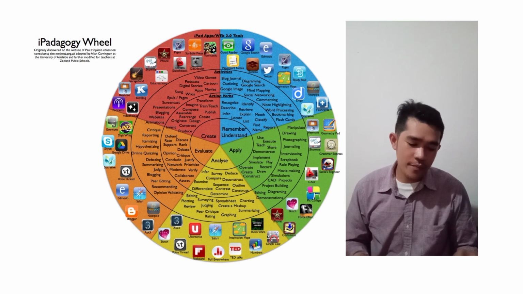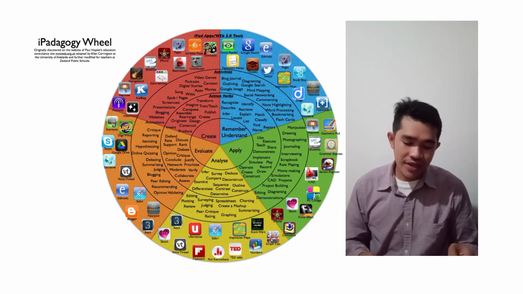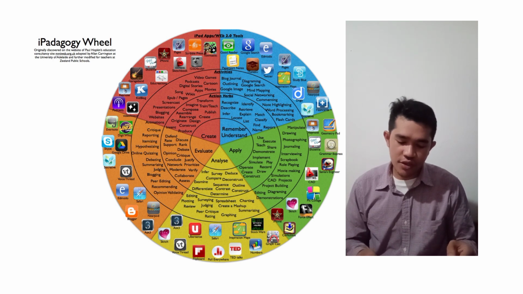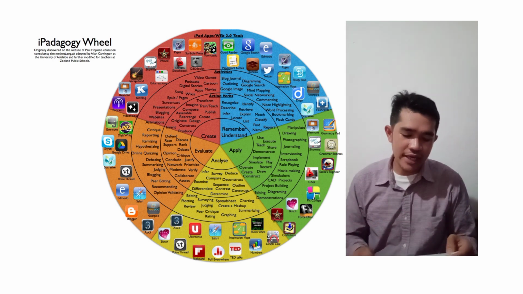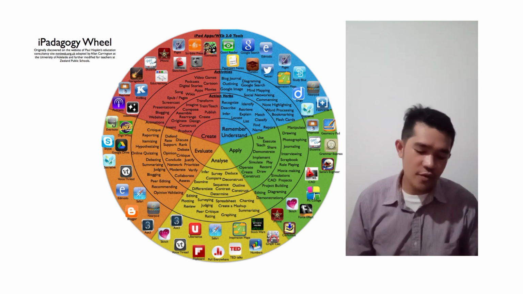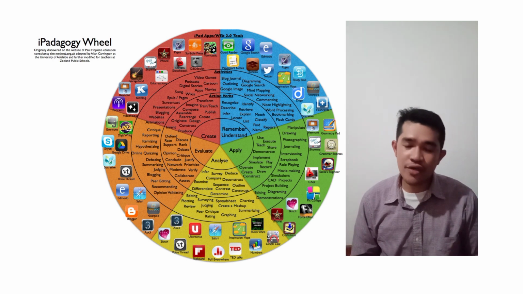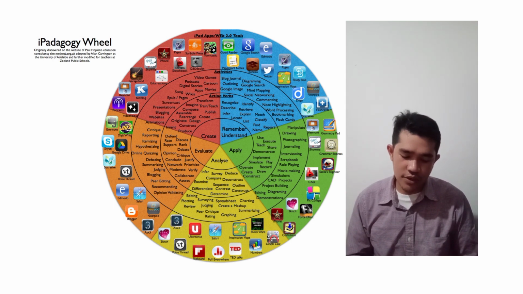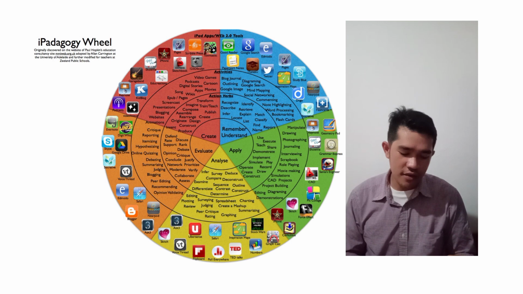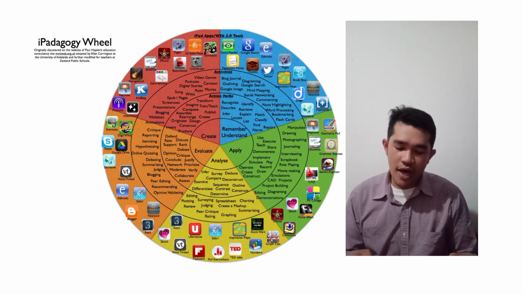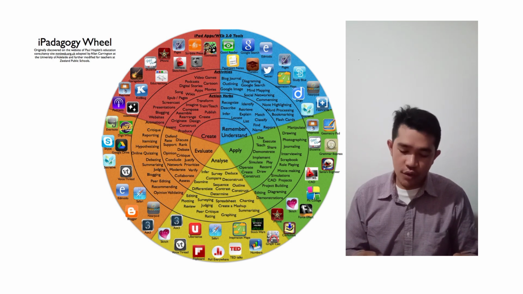So we have remember and understand with apps like Twitter, Facebook, and Google search, things where they are really reading something else. Then we have applying their knowledge with apps like Keynote, Google Docs, voice recording, and audiobooks, so they really have time to take what they're learning and apply it in another way. We have analyzing.